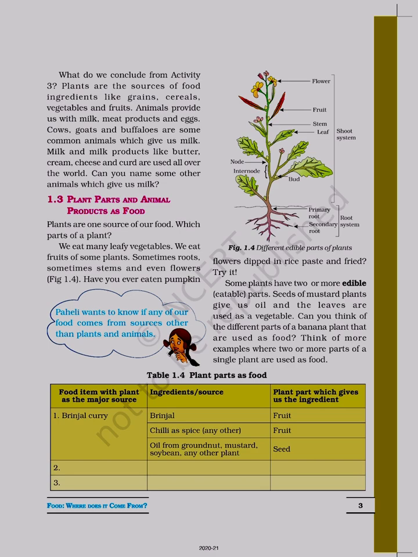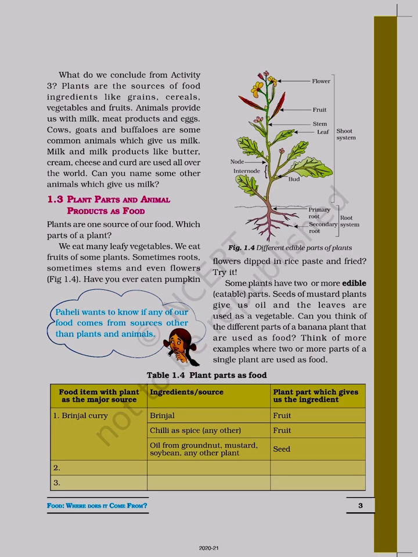Think of more examples where two or more parts of a single plant are used as food. Figure 1.4. Different edible parts of a plant. Root system: primary roots, secondary roots. Shoot system: flower, fruit, stem, leaf, node, internode, bud.